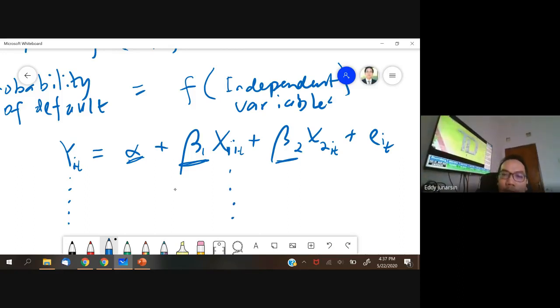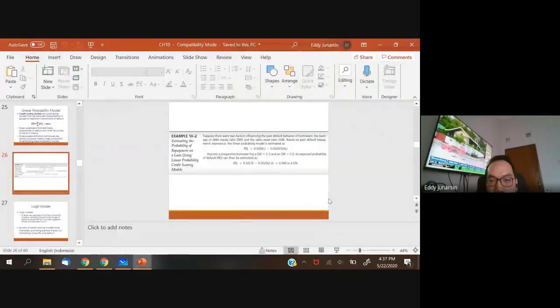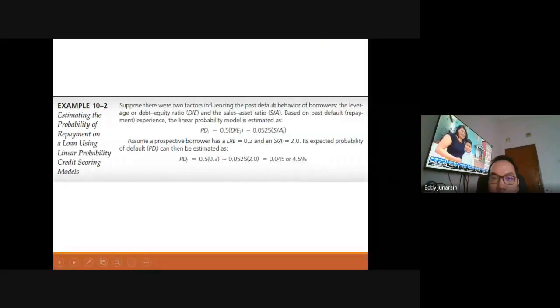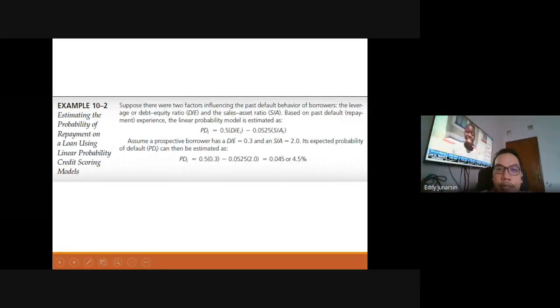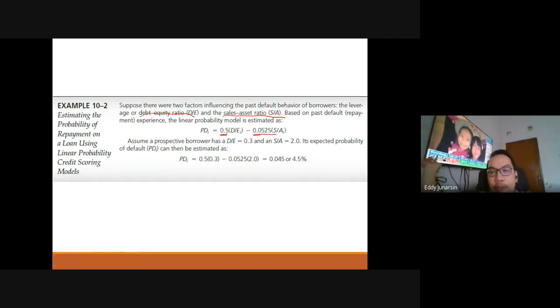So this is called a regression analysis. In this simple example, they only use those two variables here. Again, debt to equity ratio and sales to asset ratio. And this is the coefficient, right? 0.5 and minus 0.05.